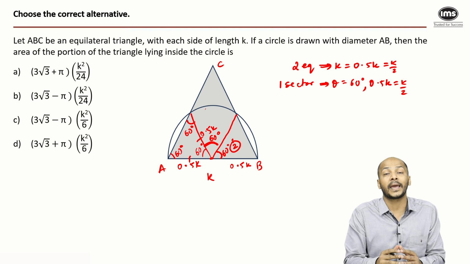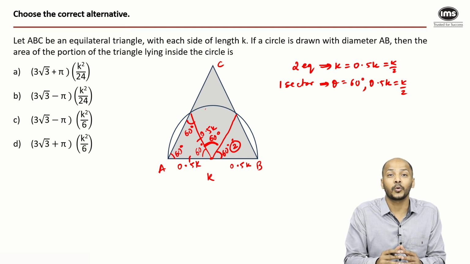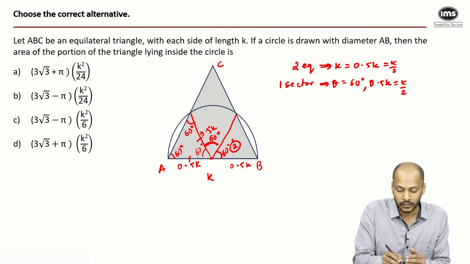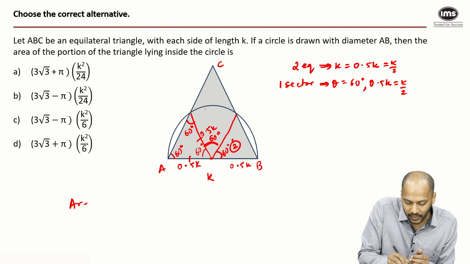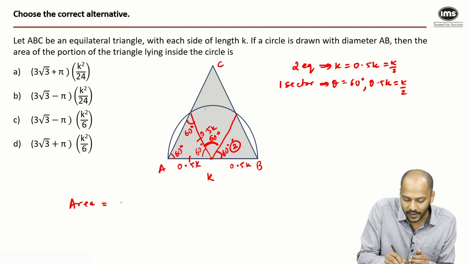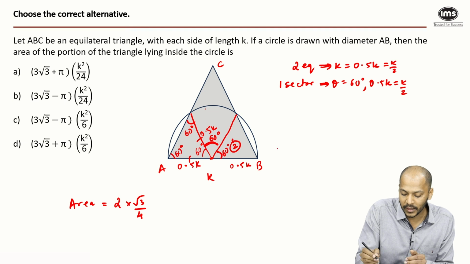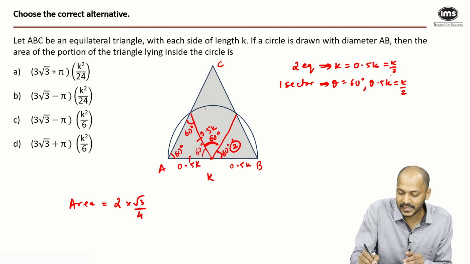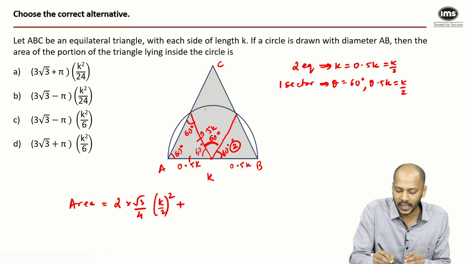Area of an equilateral triangle is root 3 by 4 A square. So here the total area that we are looking for is two equilateral triangles. So 2 into root 3 by 4, and there would be a K square. The side itself is K by 2, so K by 2 square, plus there will be one area of a sector.